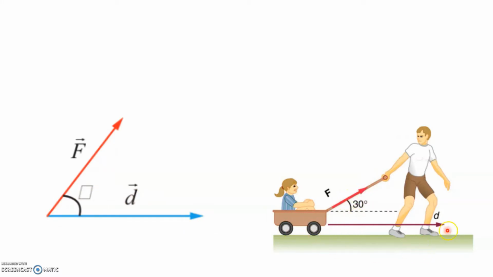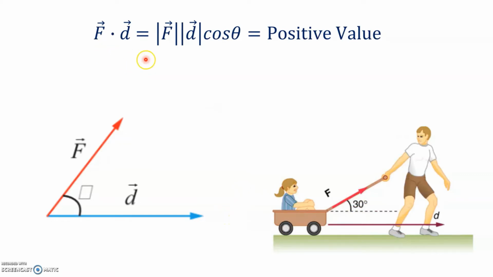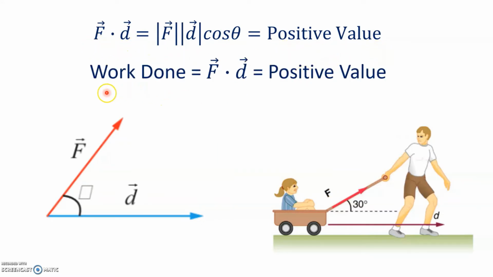This is a perfect example to illustrate work done when the angle between force and displacement is less than 90 degrees. This cos theta will be a positive value, therefore F dot D would be a positive value, and therefore work done in this first case will be positive.